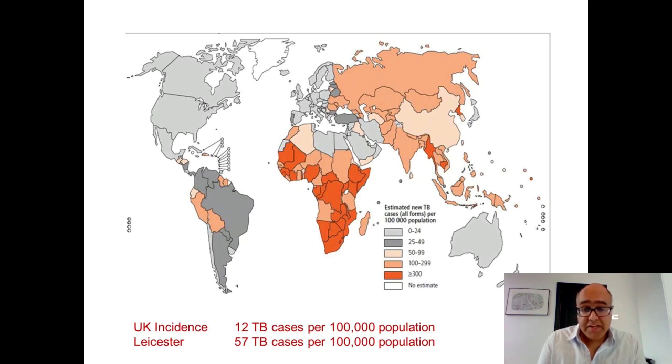But since my colleagues have set up a latent TB program where they've tried to pick up cases and offer them prophylactic treatment before they develop pulmonary TB, I think that has been successful in halting the rise of incidence of TB locally significantly.